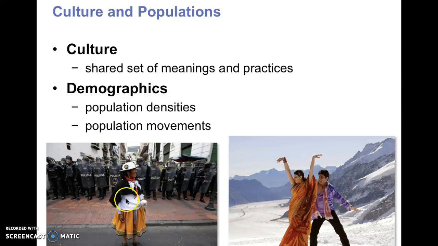The picture here looks like an Inca lady, maybe somewhere in Peru or Ecuador, but a different culture than, say, in Brazil. Demographics are very important. Population densities, population movements. When we talk about migration, we're talking about population movements. The other thing about demographics that is important is: is the population growing or falling? Is it aging or is it younger? That says a lot about its future.